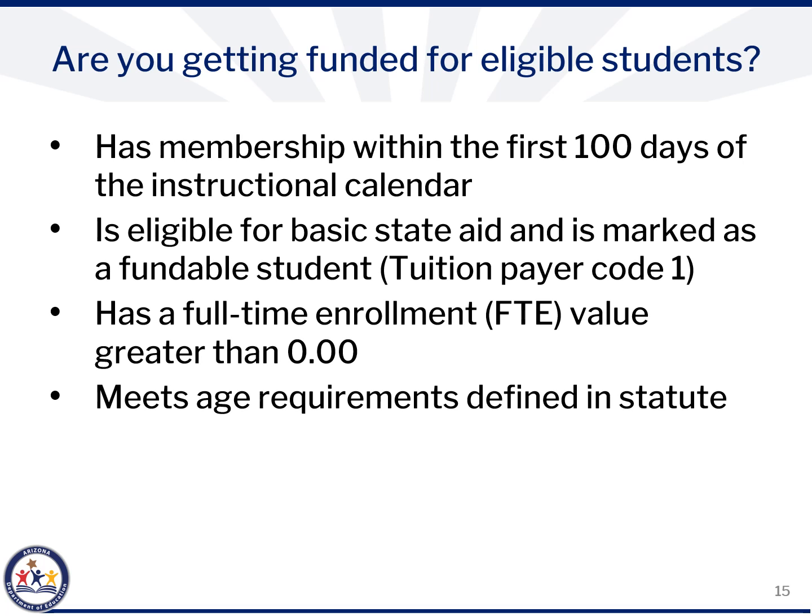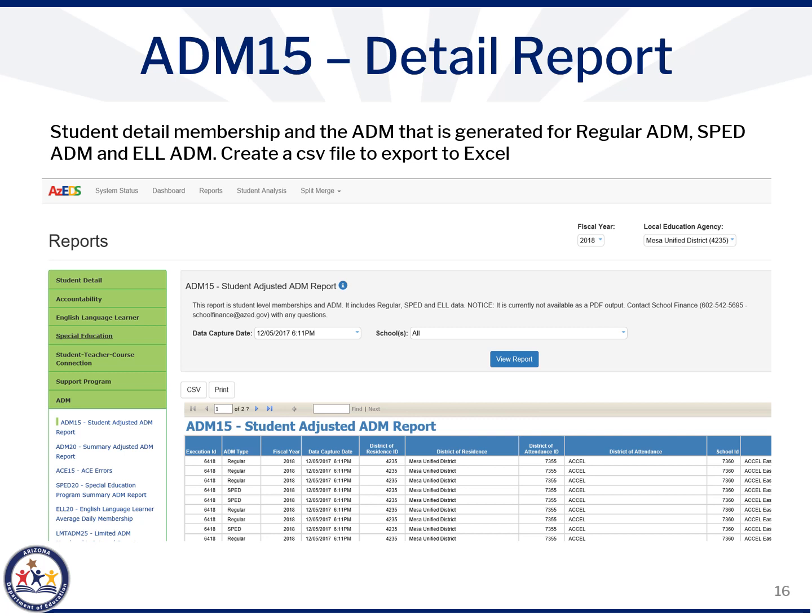Validating that the students are clear of integrity errors will ensure that you're getting funded for each one of your eligible students, assuming that the student has membership within the first 100 days of your instructional calendar, is eligible for basic state aid, has a full-time enrollment value of greater than 0, and obviously meets the age requirements defined in statute. The ADM 15 will show you the detail of each student that is generating a fundable and non-fundable interval for regular ADM, SPED ADM, and ELL ADM.